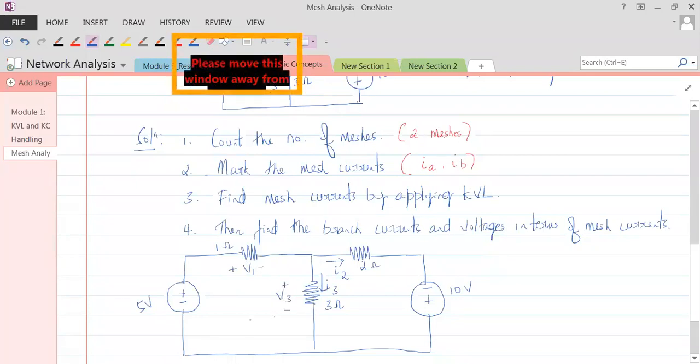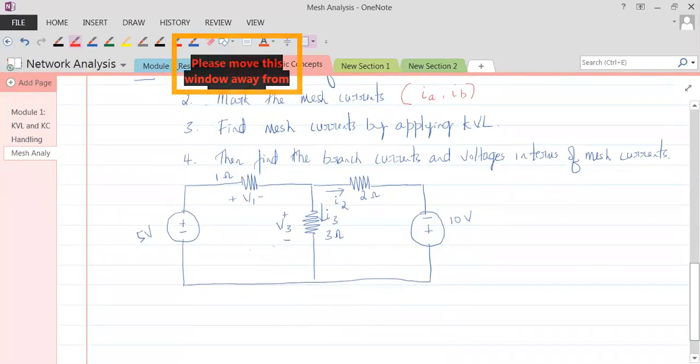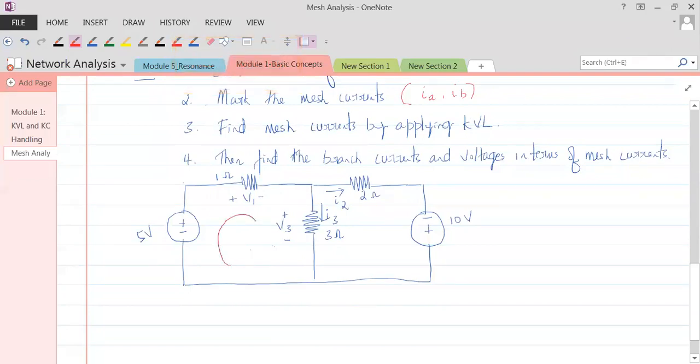So the very first thing that they're asking us to do is to find the mesh currents. Everybody should concentrate here. Now see, what we are doing is this. We are marking the mesh currents, mind you.